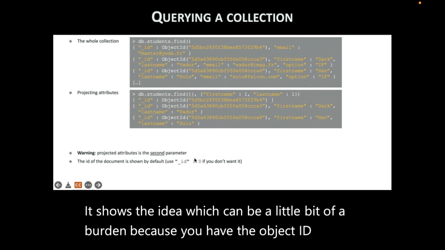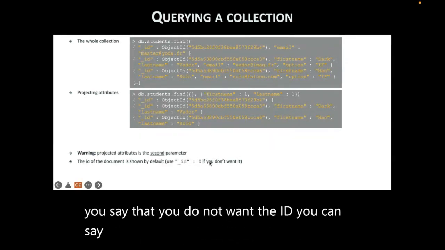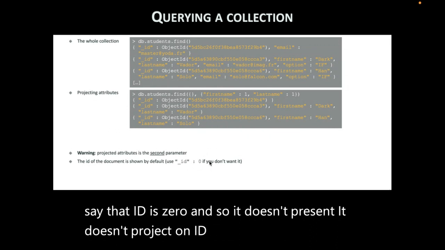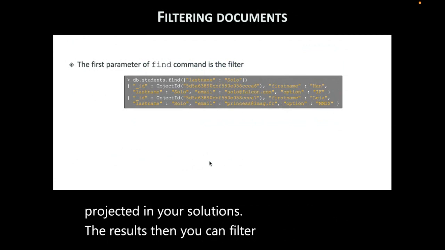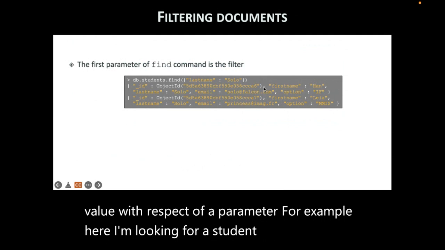So if you say that you do not want the ID, you can say that ID is 0, and so it doesn't project on ID. Otherwise, ID is always projected in your results. Then you can filter by a value with respect to a parameter. For example, here I'm looking for a student whose last name is Solo.